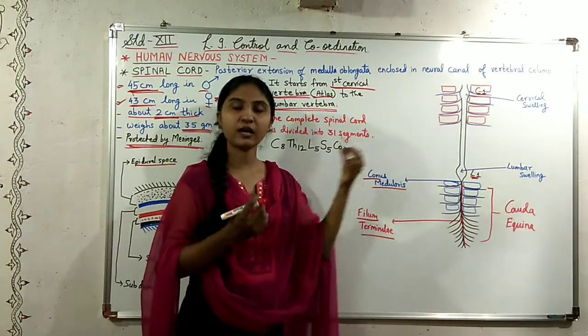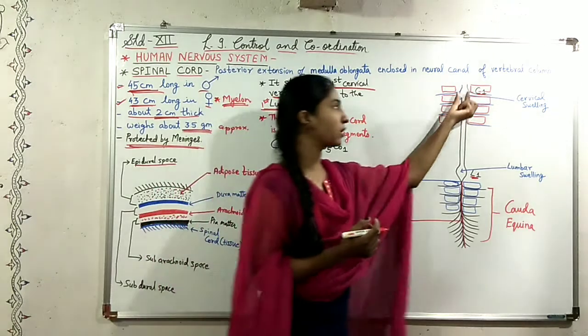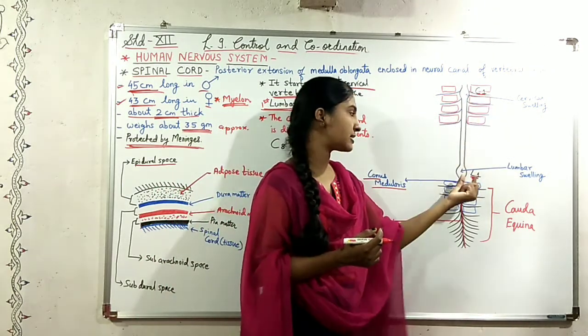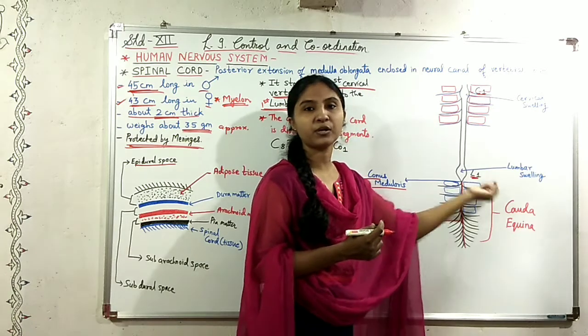Now there are two swellings in the spinal cord. The first swelling is at the first cervical vertebra and the second one is at the first lumbar vertebra.